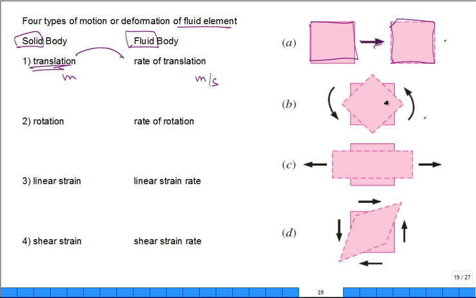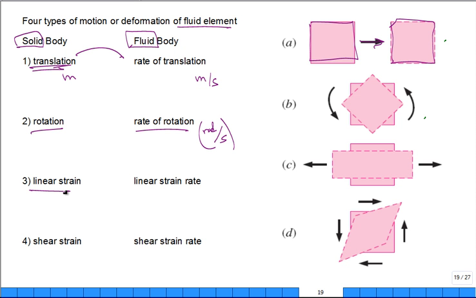How about this one? It's just a rotation in solids, but it's a rate of rotation, so many radians per second of rotation. True? Linear strain. Strain, you're changing length over length, but it's a rate at which you're changing that.